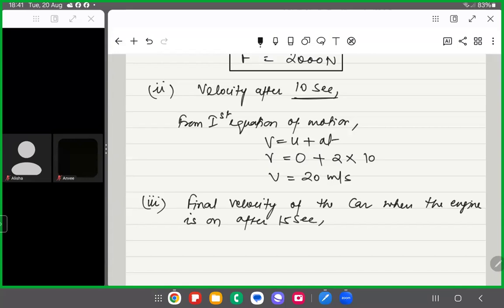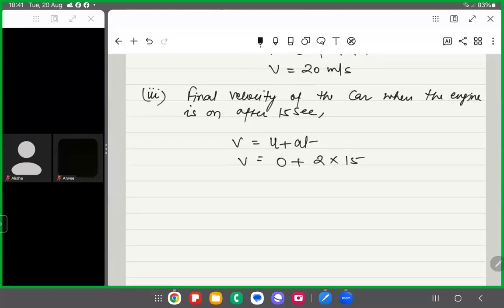What will be the velocity it attains? It is again v is equal to u plus at, right? u is 0, acceleration is 2, time is 15. We can easily find the final velocity. It will be 30 meter per second. That means after 15 seconds, it has attained 30 meter per second velocity, right? Okay. Everybody getting that?